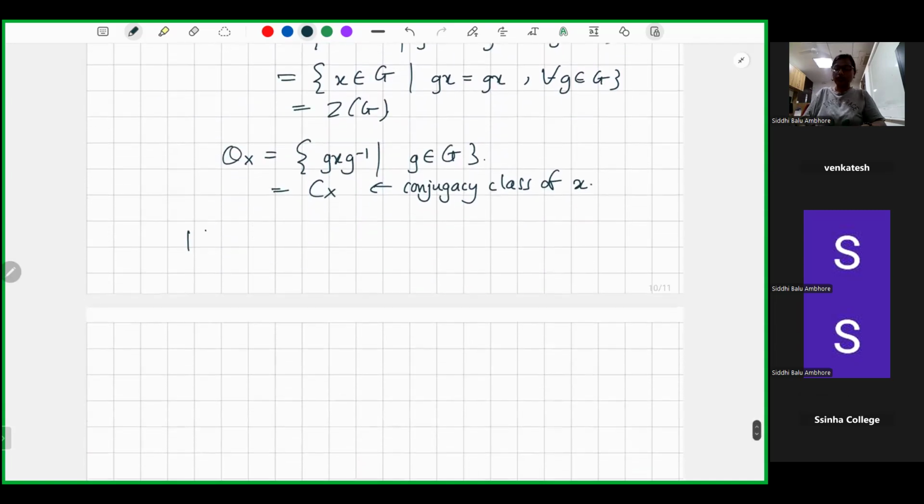So using this, we can say that the cardinality of G is the cardinality of the center of G plus the cardinality of the conjugacy class of each X. Is this clear?